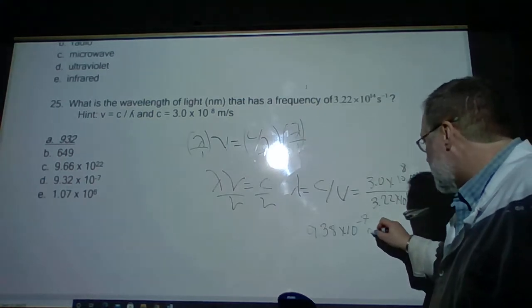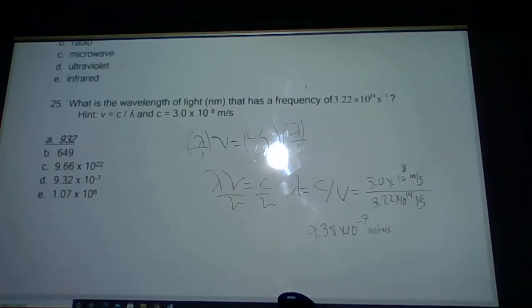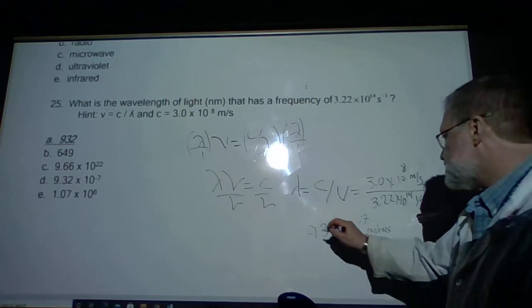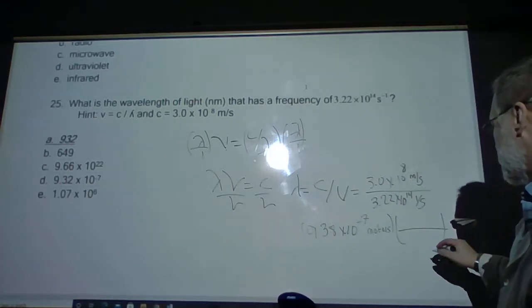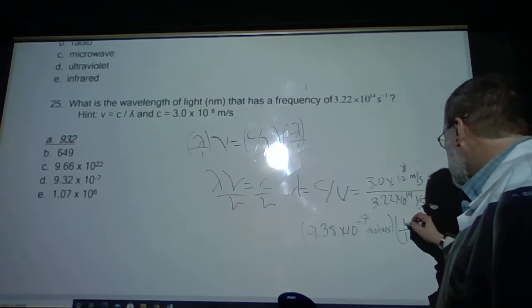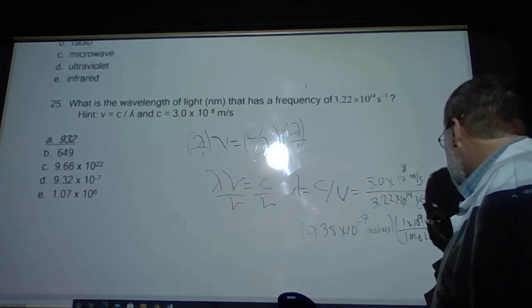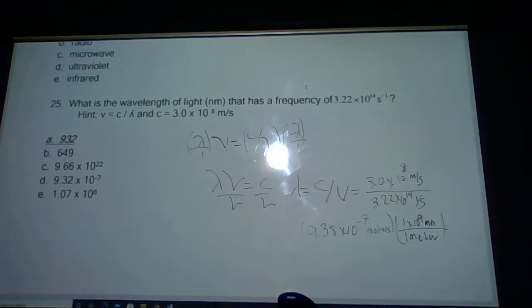But this is in units of meters. It asks us for the answer in nanometers. For every 1 meter, there is 1 times 10 to the 9th nanometers.